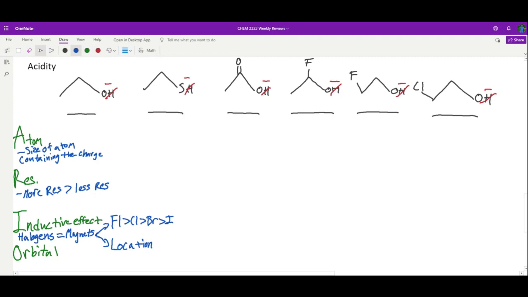And then next, think about the location. How close is this magnet? If you have a magnet right next to the charge's face, it's going to be more impactful than if it's across the room, right? And notice, halogens want negative charges, so this only applies to carbanions.